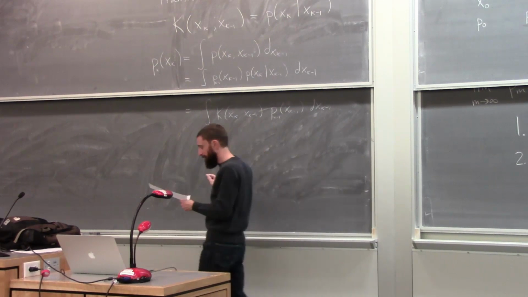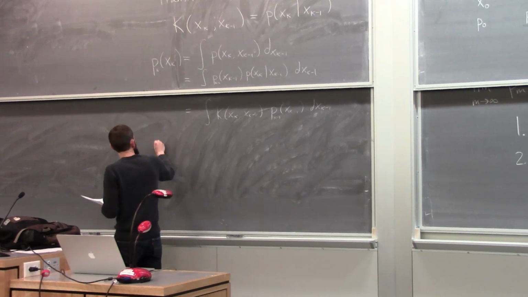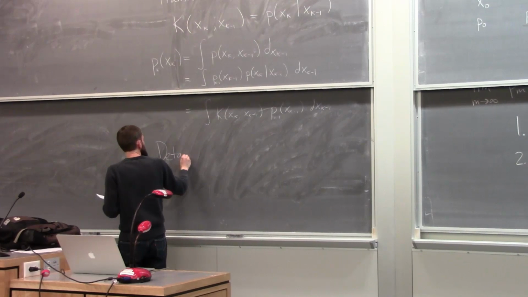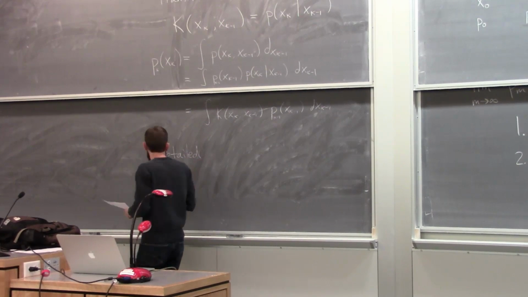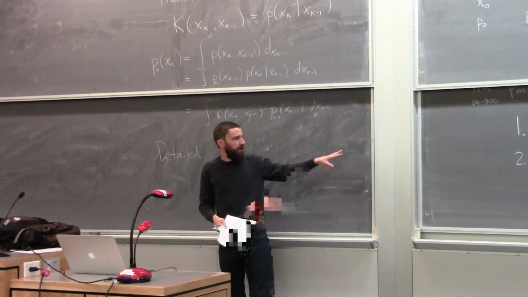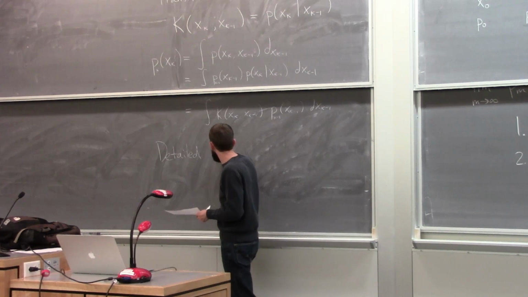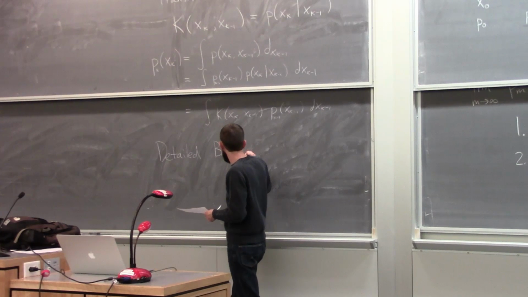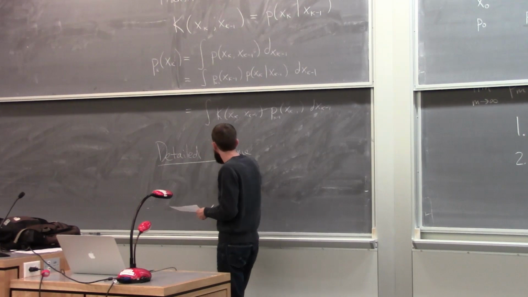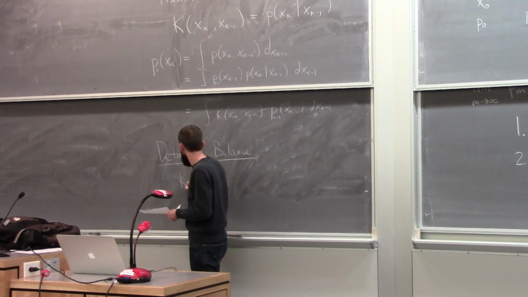But again, an easier thing to check than really the ergodicity of this transition kernel is, again, detailed balance. And so the detailed balance condition here is in terms of the K kernel.